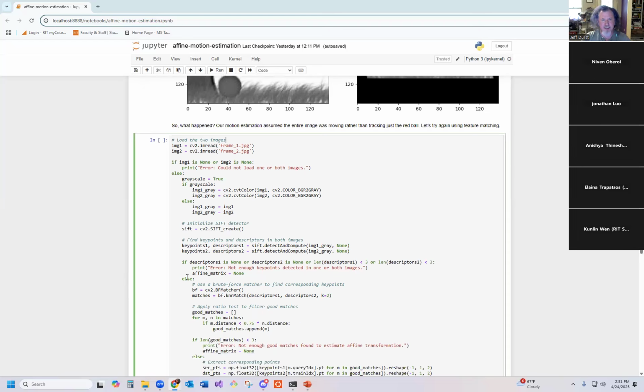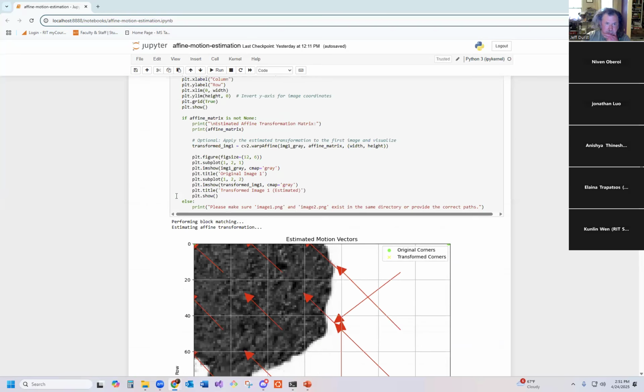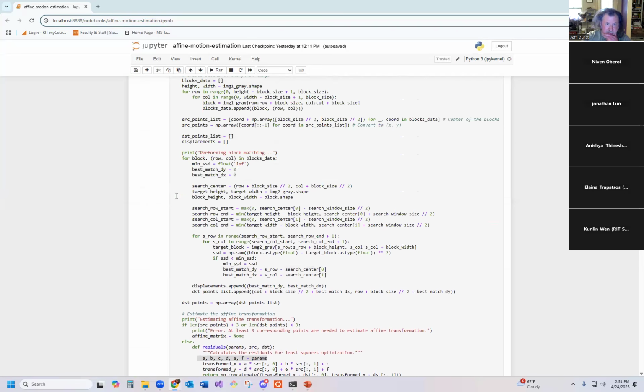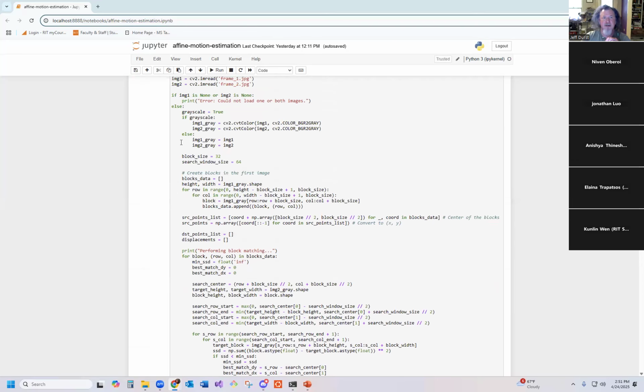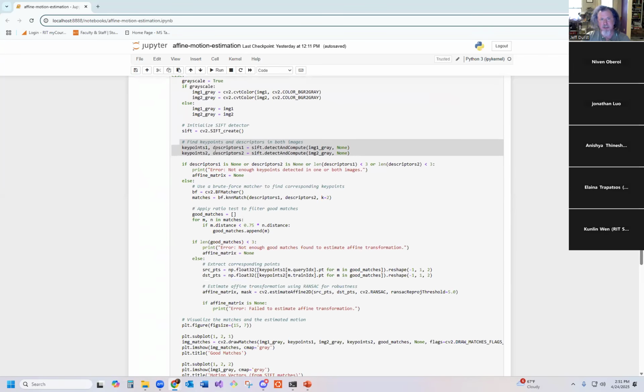So what we want to do now is, let's do this again, but we'll do it with key points. So we just have this extra step now where before we wanted to create our blocks, here we want to create our key points.